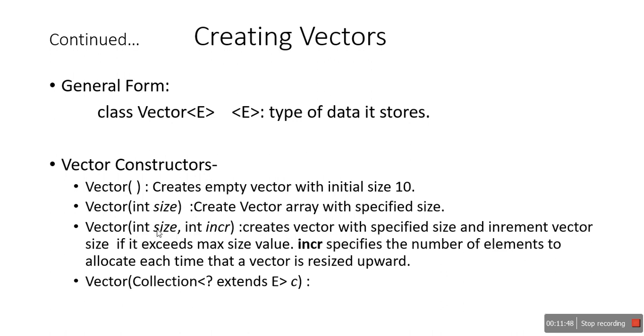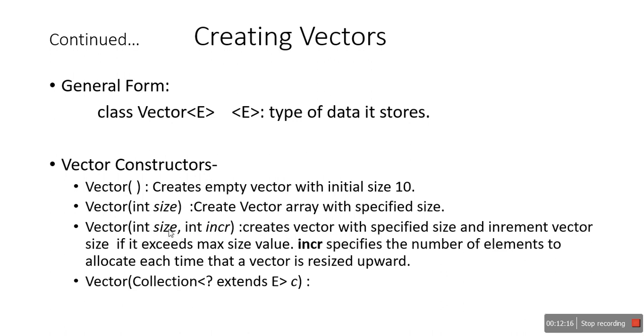For example, if you specify the size as 10 and increment as 2, it creates a vector with the specified size, and increments the vector size if it exceeds the maximum size value. So increment is how much you want to grow every time you add a new value.